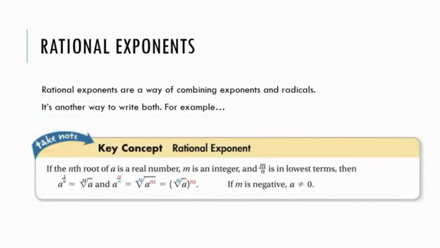Our key concept for this lesson is that rational exponents are a way of combining exponents and radicals. It's another way to write both exponents.